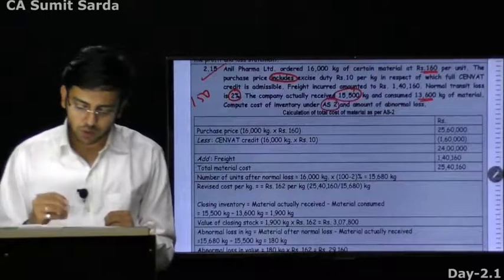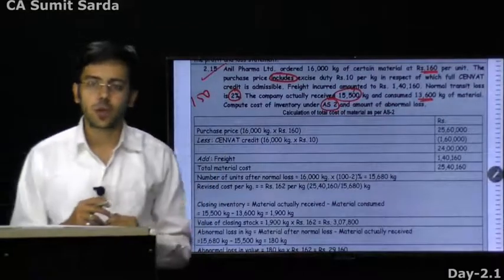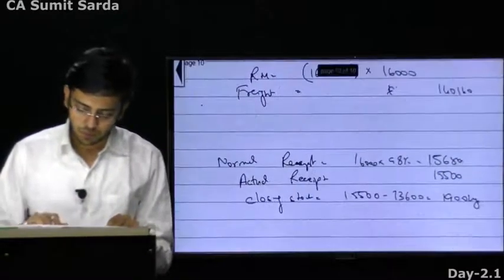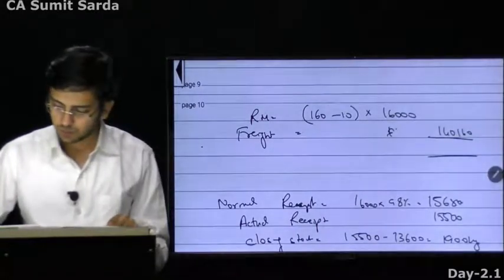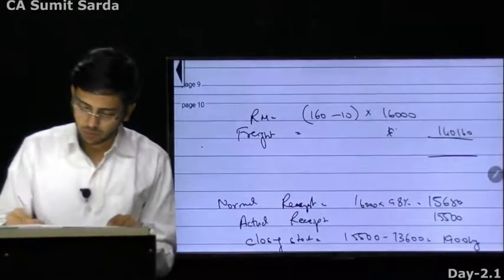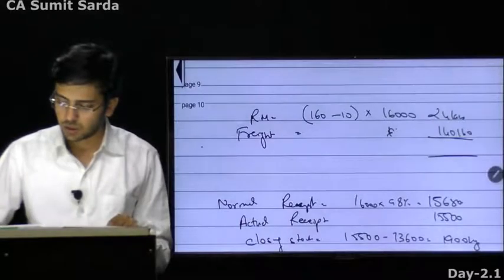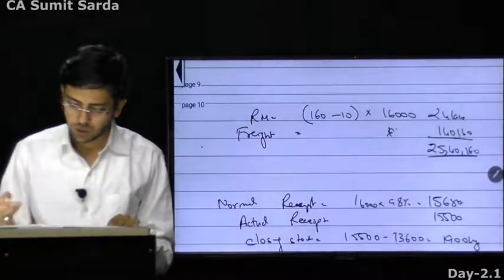Calculate the cost of inventory as per AS 2 and the amount of abnormal loss. So as I told you, sometimes they do ask us to value the abnormal loss as well. So it is going to be very easy. This is our total cost, 24 lakhs plus 140,160, 25 lakh 40,160.